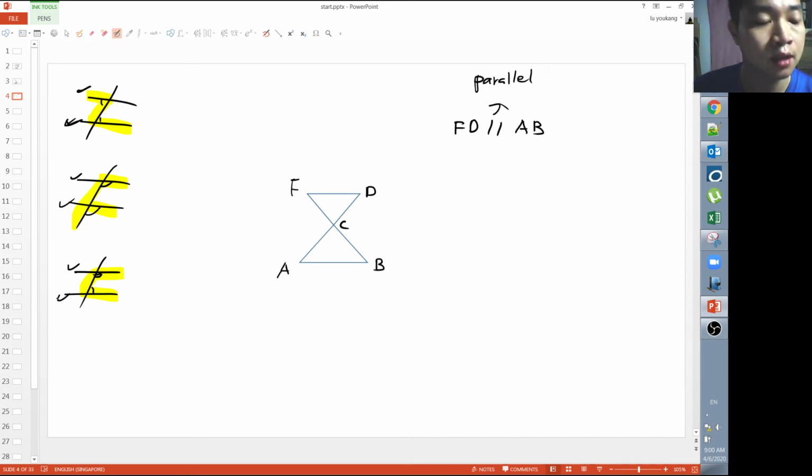With them parallel, only then can you use these rules. Over here, this angle and this angle are equal. Let me label these two angles 1 and 2. So angle 1 is equal to angle 2, and you are using alternate angle.